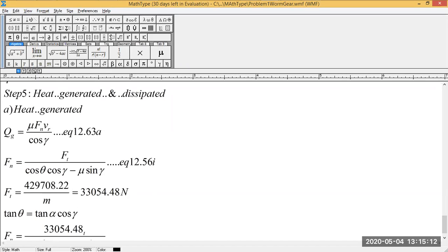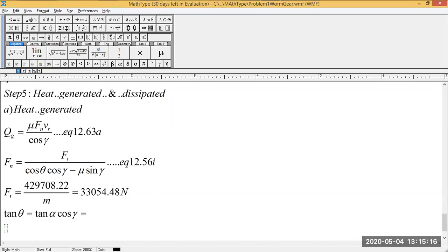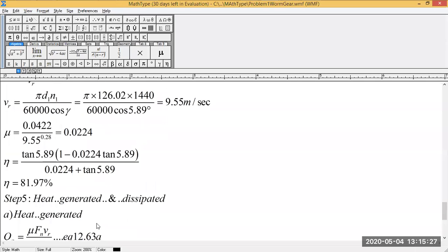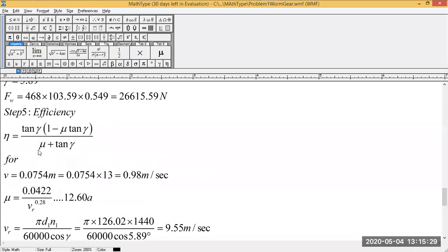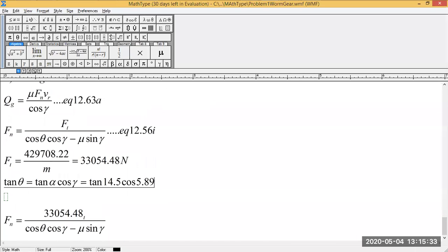Okay, so that means our theta. On the RHS, this is tan alpha. We have chosen 14.5 degrees, the full depth involute angle, the form of teeth, and cos gamma. Gamma is 5.89 degrees.